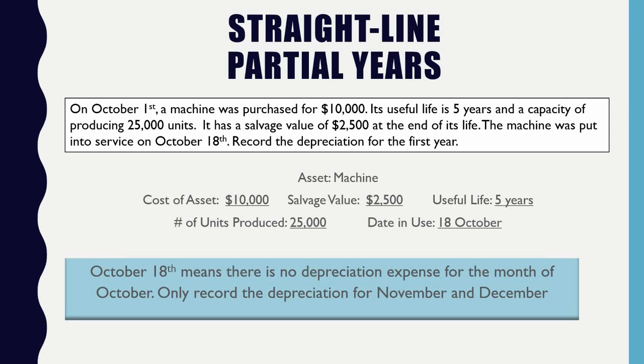So more than half the month has already passed. So instead of having to calculate it in October, we decided to just push it along and start depreciating it starting November. Okay. So in this case, we have October, November and December, right? That's only 2 months out of 12 that we need to depreciate this asset for.